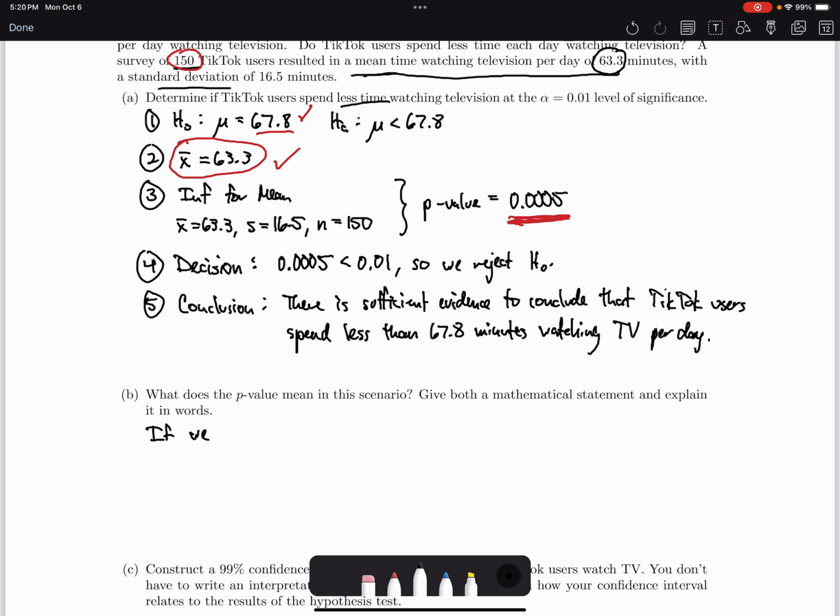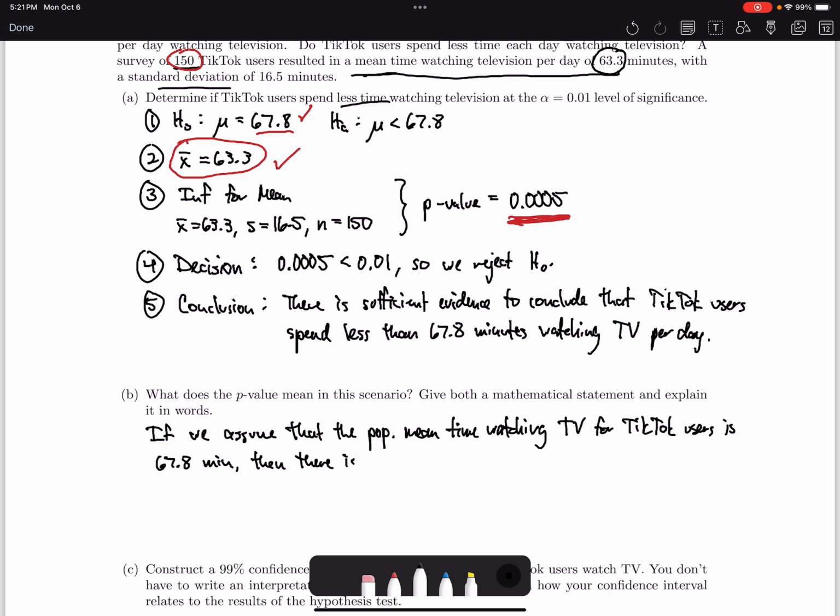So if we assume that the population mean time watching TV for TikTok users is 67.8 minutes, then there is a 0.0005 probability of obtaining a sample mean of 63.3 minutes or less.